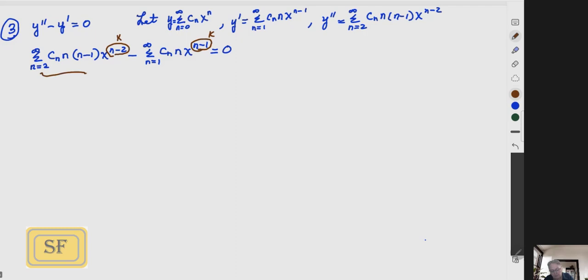So my first summation, I'm going to let k equal n minus 2, and that means n is going to be k plus 2.